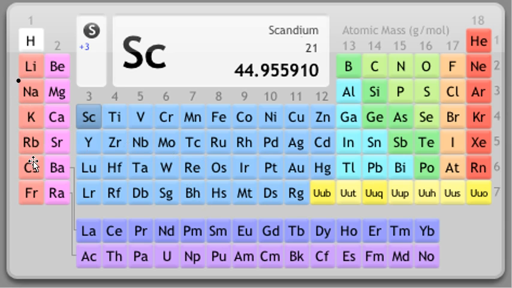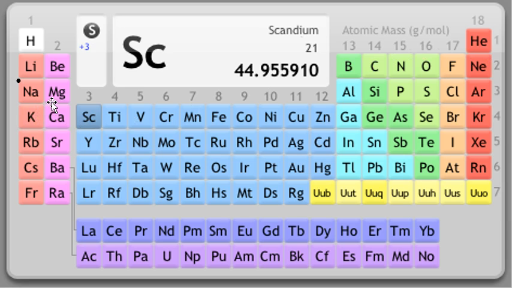The elements present in the extreme left of the periodic table, that is the elements of group 1 and group 2, belong to the s block. The elements placed in the extreme right, starting from group 13 up to group 18, are the p block elements.